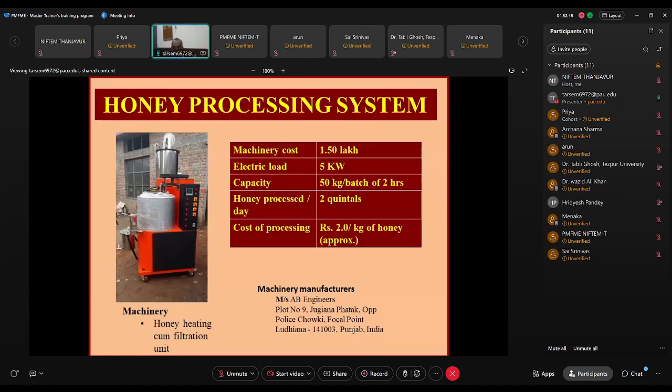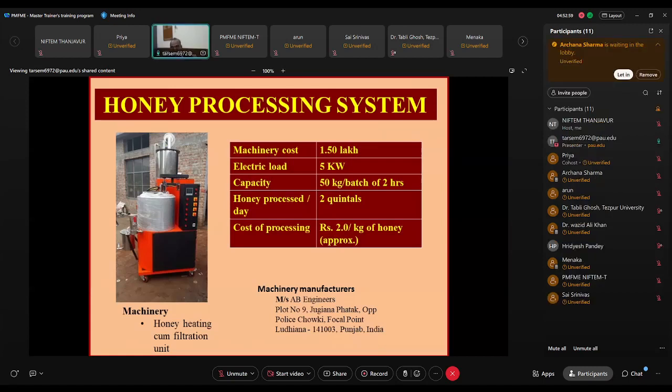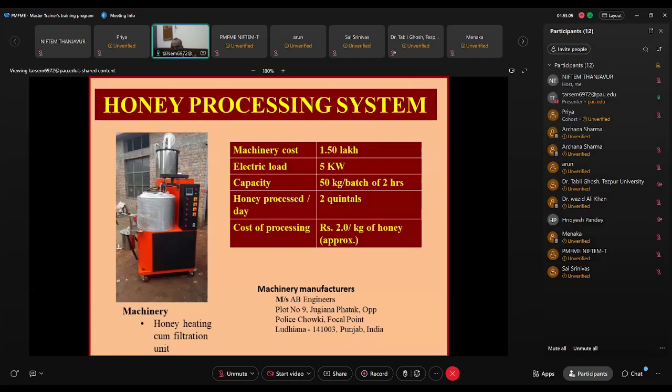This machine is quite suitable for small farmers, as it can process almost 2 quintals of honey per day. That means 4 batches of 50 kilograms each. One batch takes about 2 hours for its processing. It has a very good control panel and other accessories. So it's a portable machine.